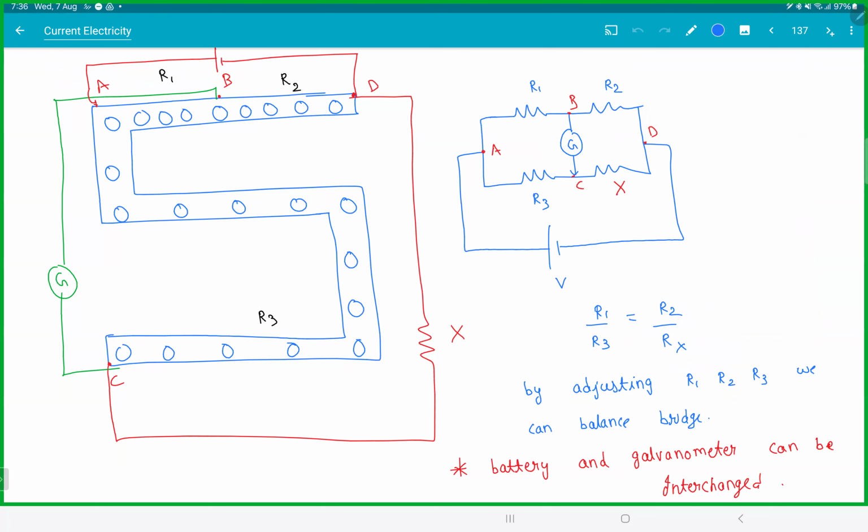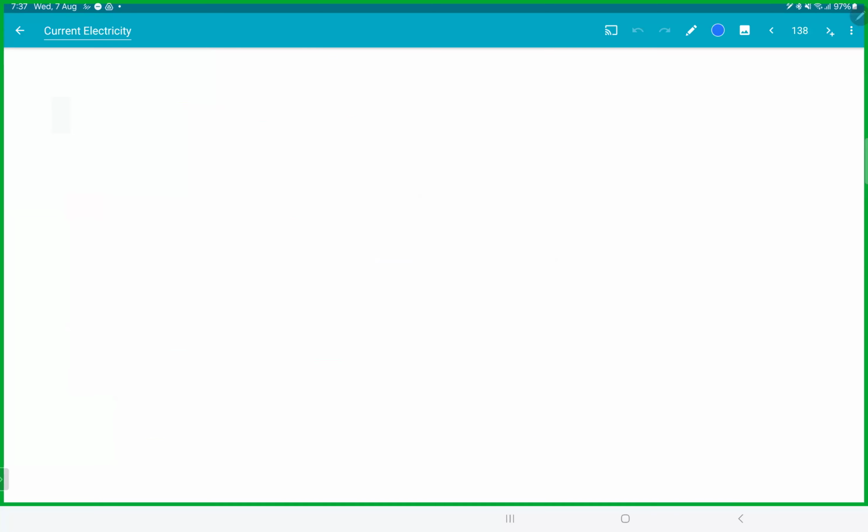Clear with this? The next thing, potentiometer. Now, again, potentiometer is easy if you know the circuit well. So understand the circuit and how it works. Idea is pretty straightforward. We will finish all the theory today. Next class, we'll do more problems on it. But like I said, it's not there in Mains. Advanced is still there.